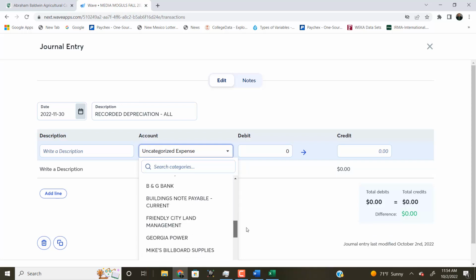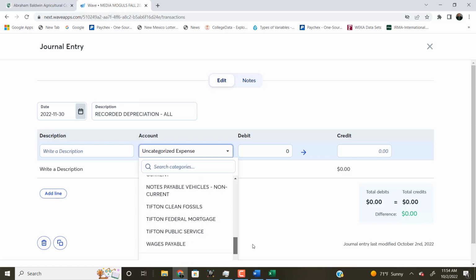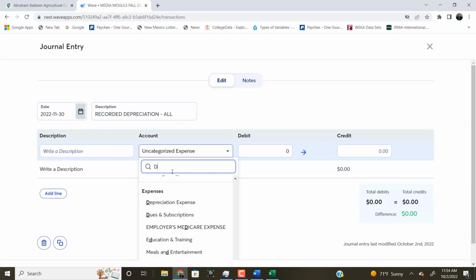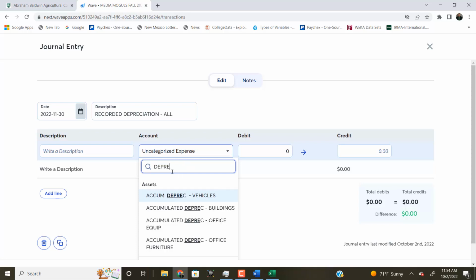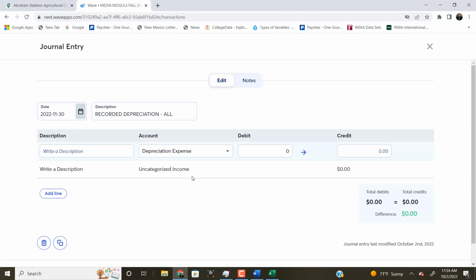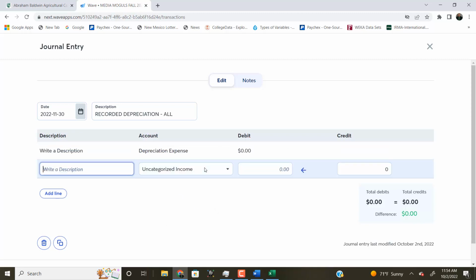Let me see if I can find depreciation expense. Here's my depreciation expense. I don't know what it is yet. Actually, I do, but we're going to go ahead and do all the accumulated accounts first, because those have to be done separately.